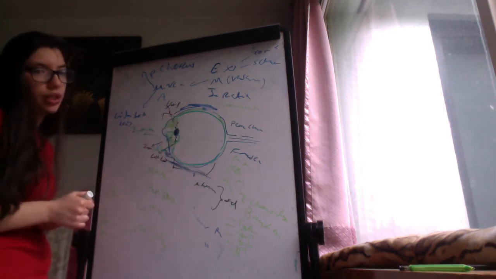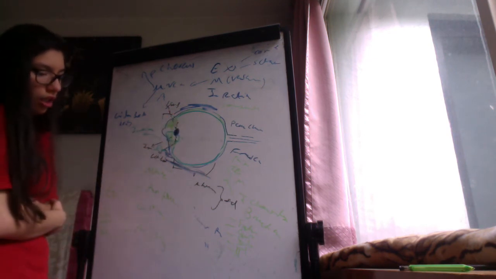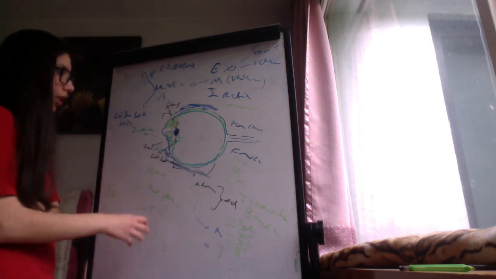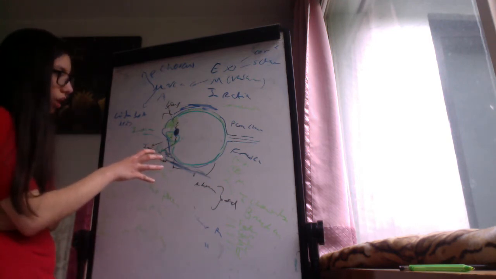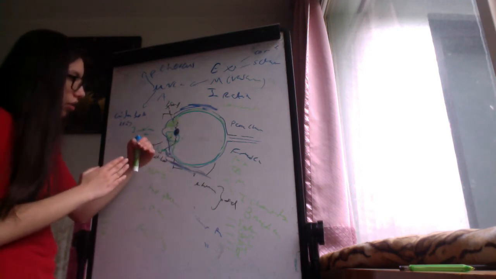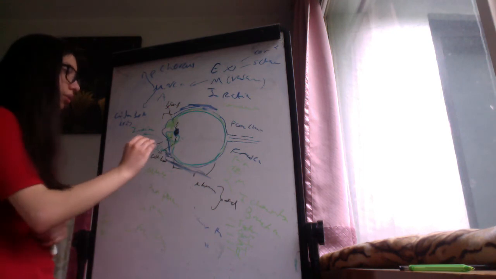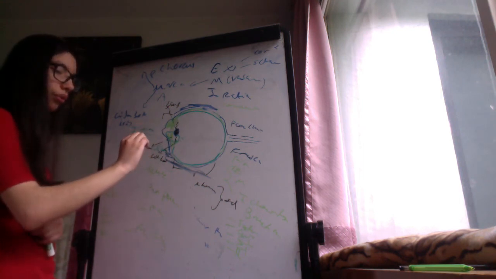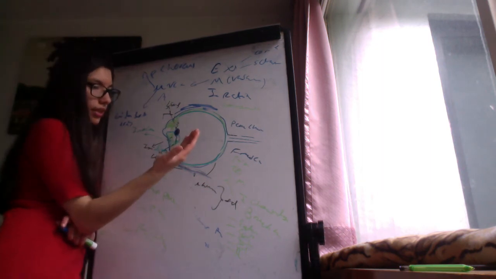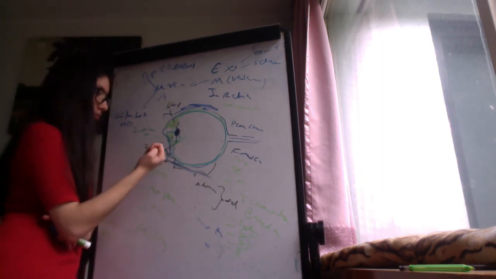The muscle is innervated by the parasympathetic pathway in which the oculomotor nerve is involved, and when there is innervation of the ciliary body, there will be contraction of the ciliary body, decreasing the tension of the zonular fibers, and so the lens will have a more round shape, and we will be able to see near objects.